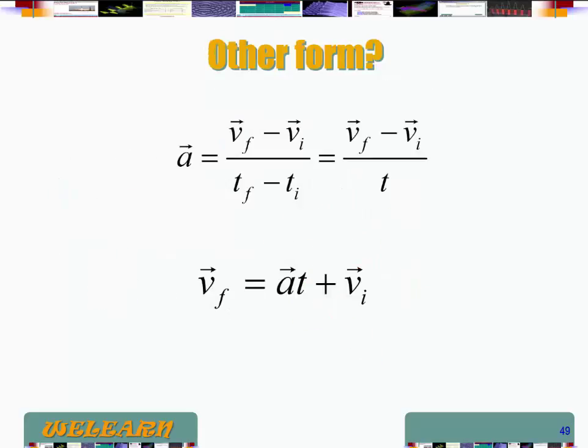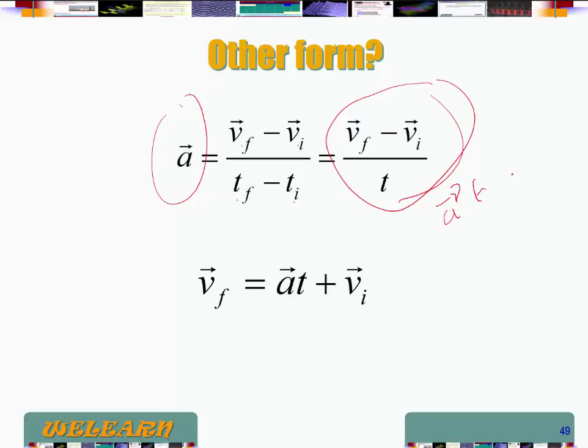Let's look at another form for the acceleration equation. Remember, the acceleration equation is change in velocity over change in time, or Vf minus Vi over t. That's the expression. Now, if we manipulate this a little bit, if we take this equation here, a is equal to Vf minus Vi over t, and multiply both sides by t, then we get at is equal to Vf minus Vi over t multiplied by t.